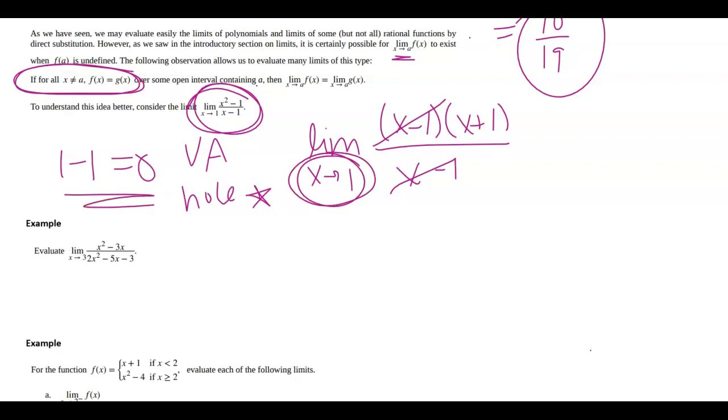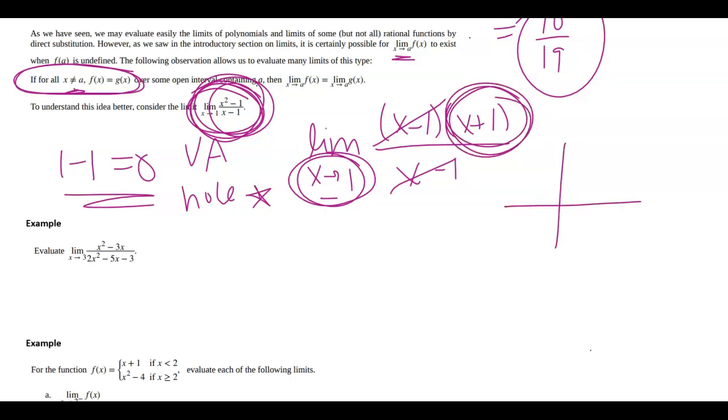So everywhere except at 1 in this problem, this equation looks just like this line, and you can graph it if you want to, on Desmos or whatever. y equals x plus 1 with a hole at 1. So this function I'm looking at behaves just like this line everywhere except 1. Well, then their limits are the same.